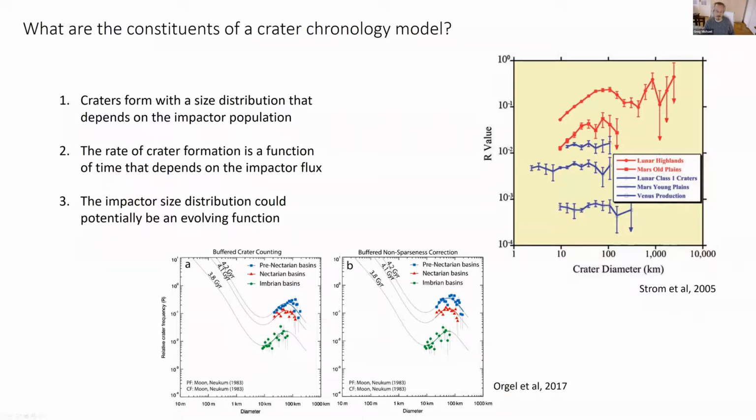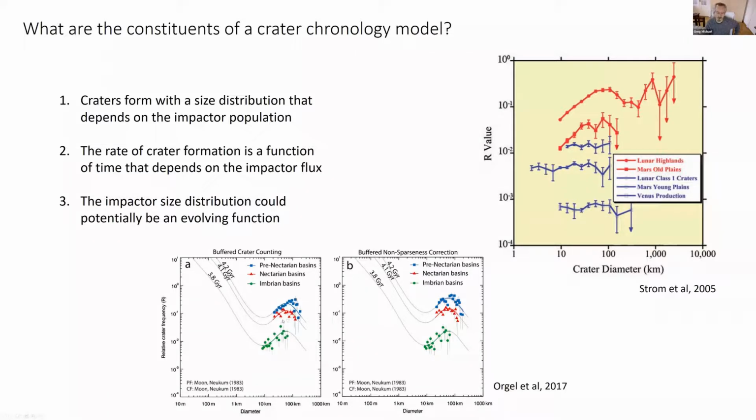And the idea was that the shape should remain the same over different times. So the blue is the older one again, roughly 4.2 billion years ago. The red is the Nectarian period, which is roughly 4.1 billion years ago, and the green is the younger stuff on the moon, about 3.8 billion years ago.